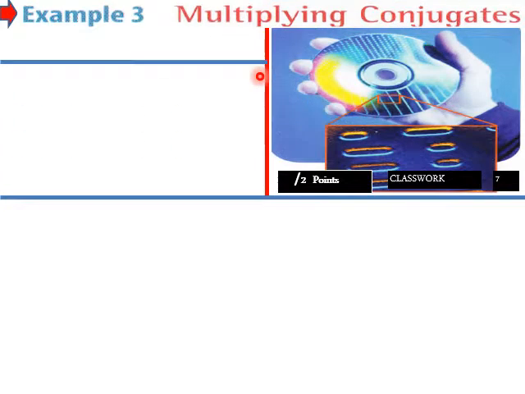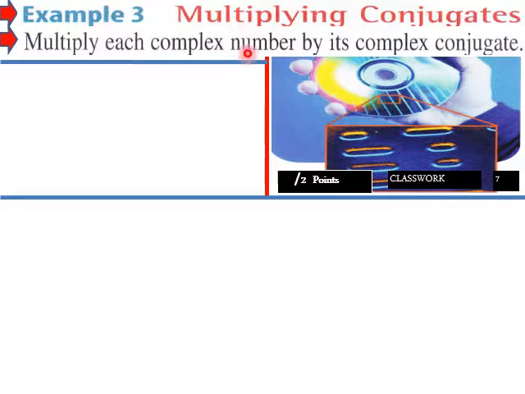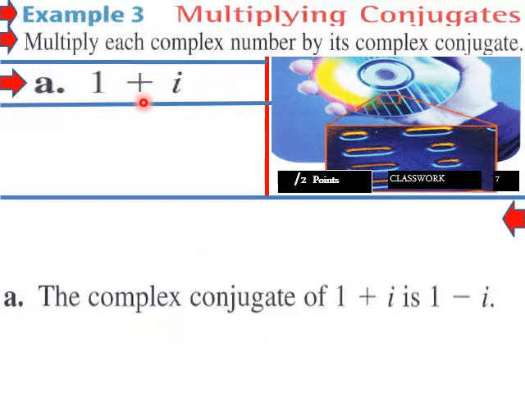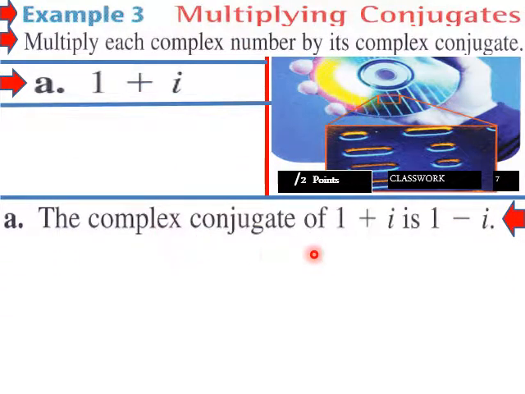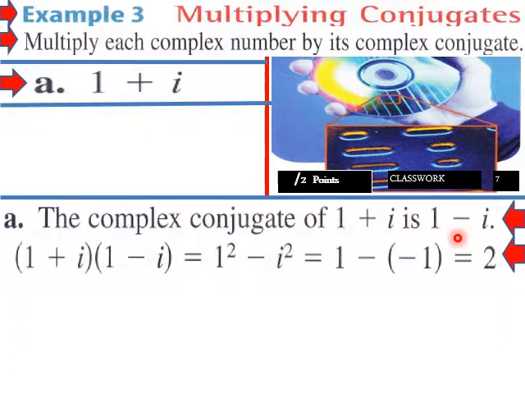So let's try another example. Example 3, multiplying conjugates. Multiply each complex number by its complex conjugate. The complex conjugate of 1 + i is 1 - i. So (1 + i)(1 - i) equals 1 squared minus i squared, where i squared becomes negative 1, so we have 1 minus negative 1, which equals 2.